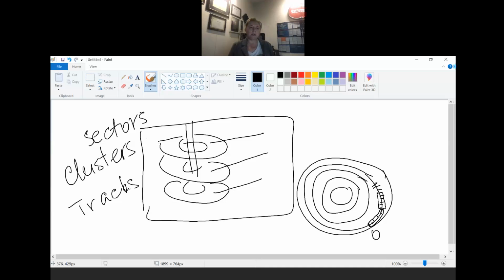So what happens when we're trying to record the data? The disk is spinning, the arm is moving, and it starts recording the data continuously on the disk. And when it has recorded the data, it will put information about recorded clusters.